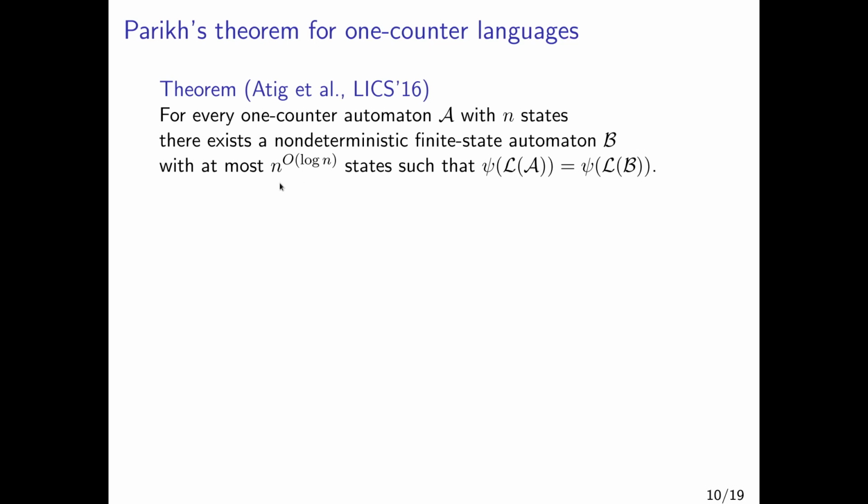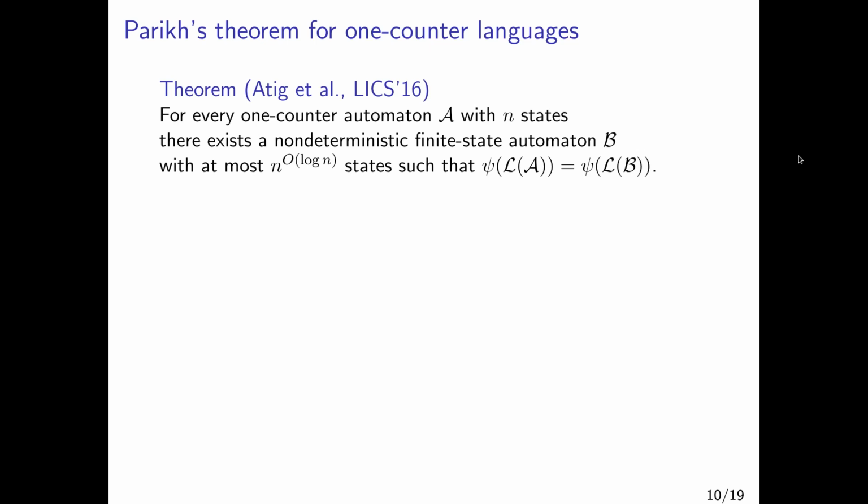So this is a function that grows much slower than 2 to the n or 4 to the n. This is basically 2 to the power log squared n. So this is a quasi-polynomial construction, and it significantly improves the upper bounds on these availability languages that I showed you previously.